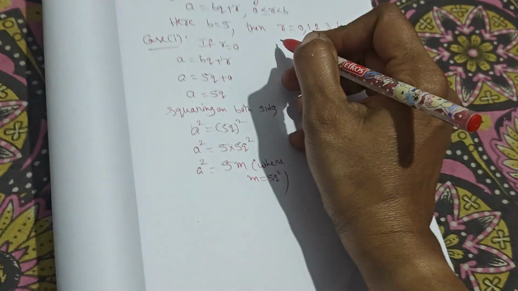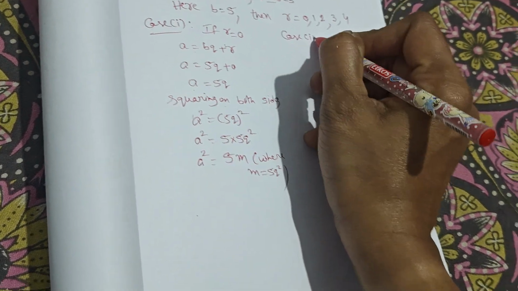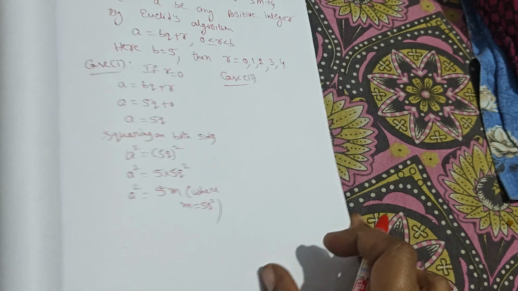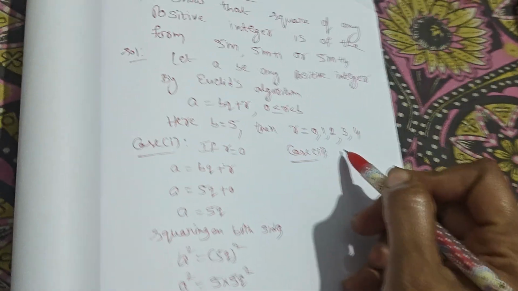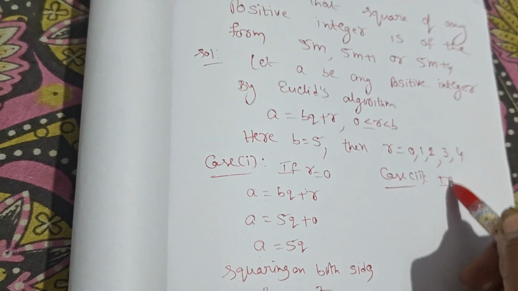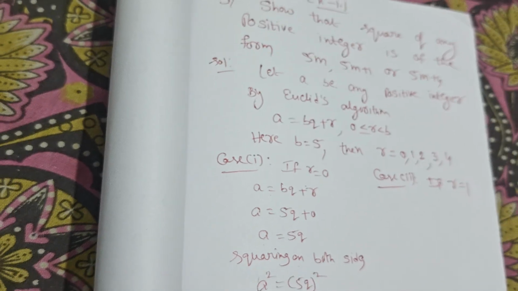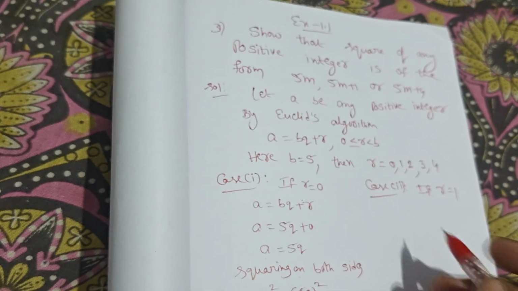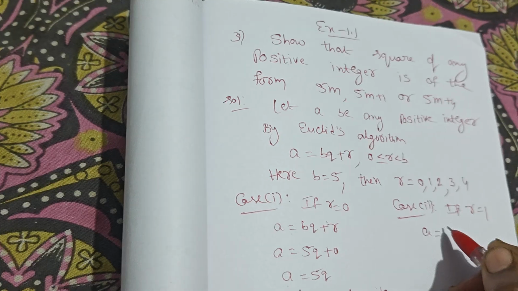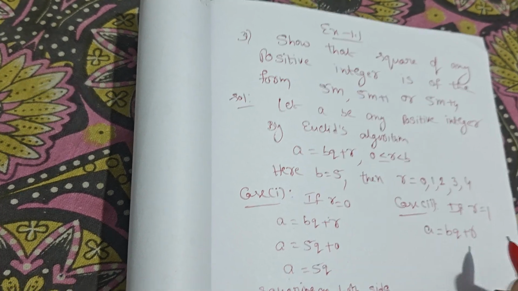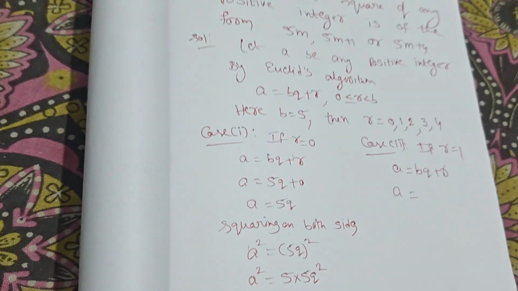Okay. Now case 2. If you go for case 2, we have to take the remainder r equal to 1. Now what will happen? a equal to bq plus r. What is the value of b here?